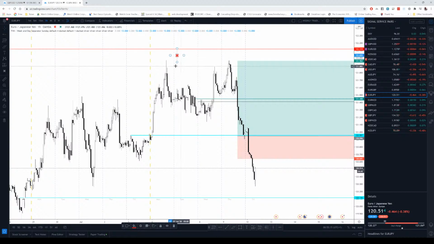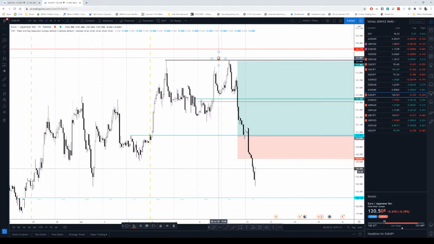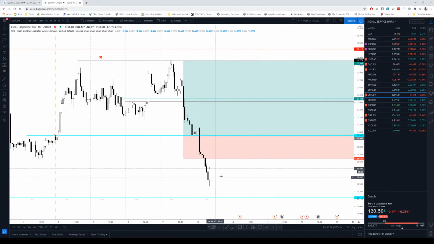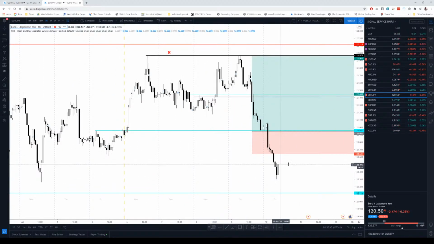There is something going on, right? Think about it. If you're going to run a high, why not take it up there and run it? Why just go up here and then drop? That's engineered. So let's see what price would do by the closure of this hourly candle. We've got 4 minutes, so let's see what it does.